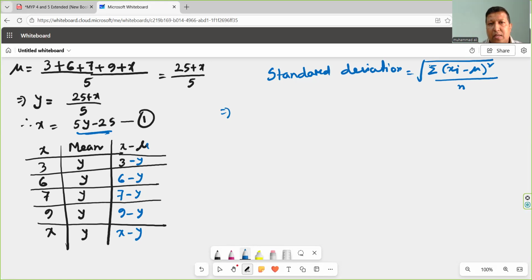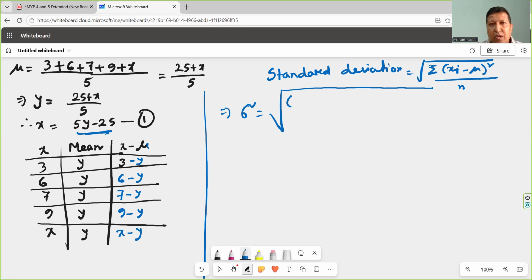So sigma equals root over 3 minus y whole square, 6 minus y whole square, then 7 minus y whole square, then 9 minus y whole square.